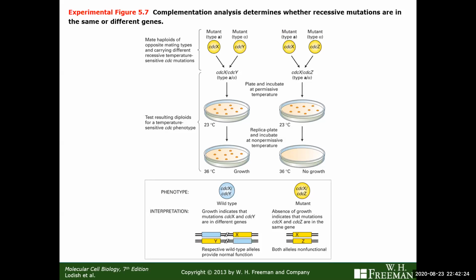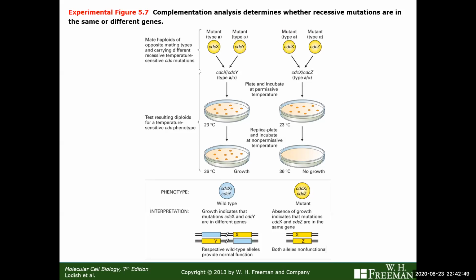All I'm saying, CDCX is mutated for X gene, loss of function, recessive mutation. CDCZ is also mutated for X gene, loss of function, recessive mutation. When they are in a diploid, neither of the haploids could supply a good copy of X gene, therefore the diploid also failed to grow at 36 degrees centigrade.